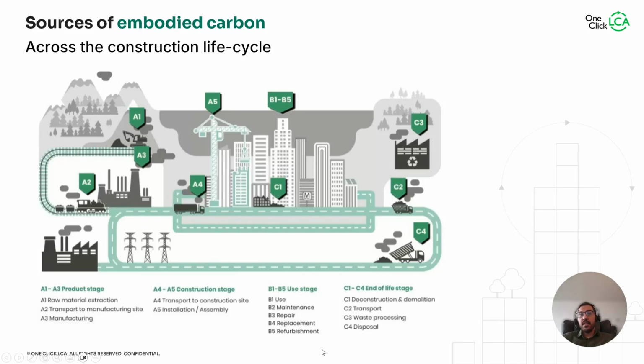Then you have the use phase of the building. In the use phase, based on LEED and the modules that are going to be considered there, you're going to have B1 to B5, mostly related to the emissions coming out of the energy consumption in the use phase of the building, from maintenance, repair, replacement, or refurbishment.